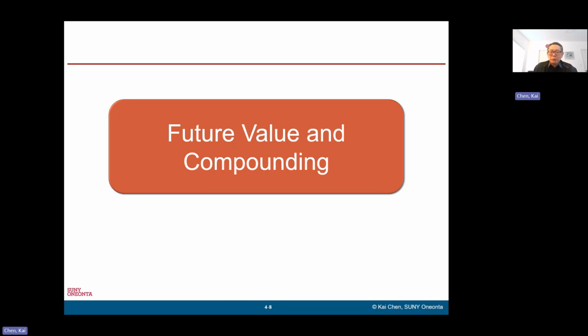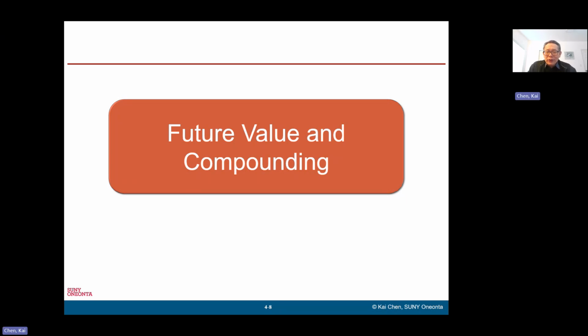Now we know the money has the time value, and we know $1 today is more valuable than $1 in the future. We want to know by how much $1 today is more valuable than $1 in the future.